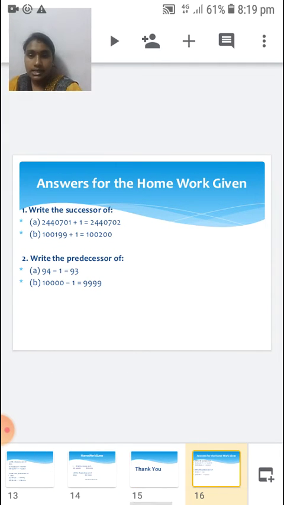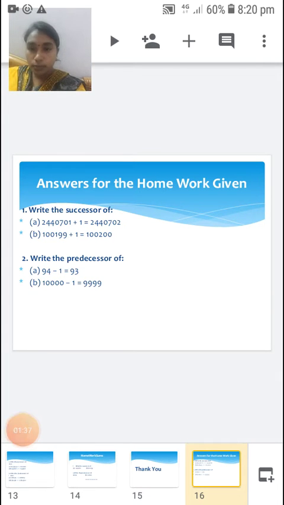The first sum we have is 24,40,701. In order to find the successor, we should always add 1 to the given number. So when we add 1, you get 24,40,702.